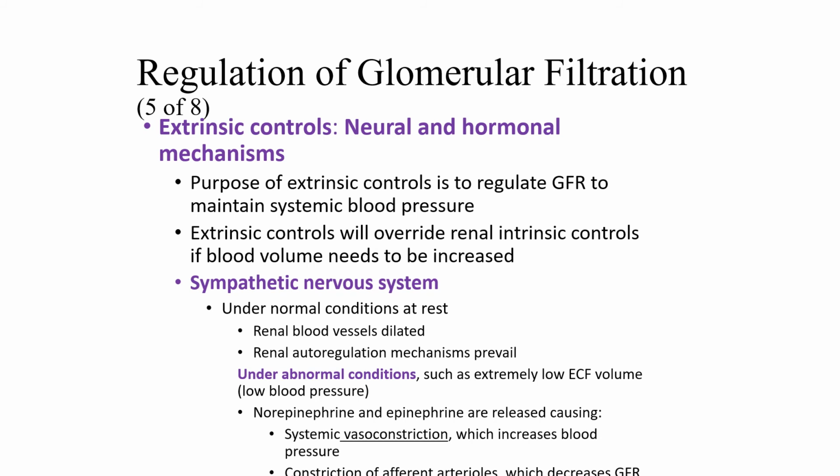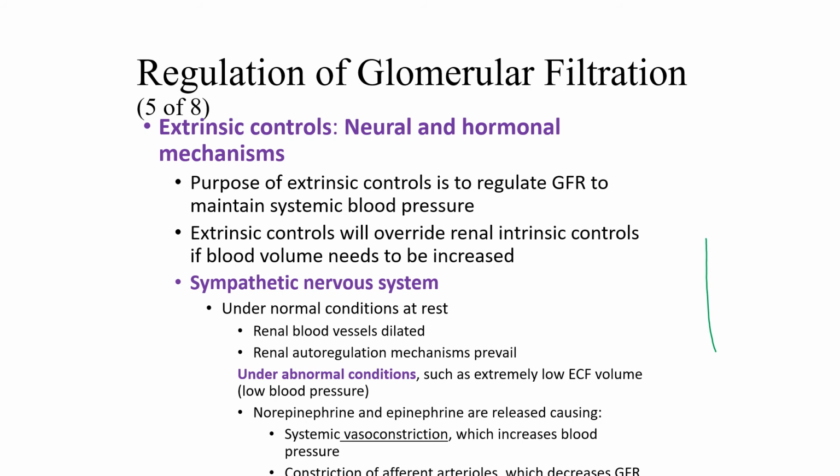So when we're at rest, that's the parasympathetic, the renal blood vessels are going to dilate, and we'll see autoregulation take care.